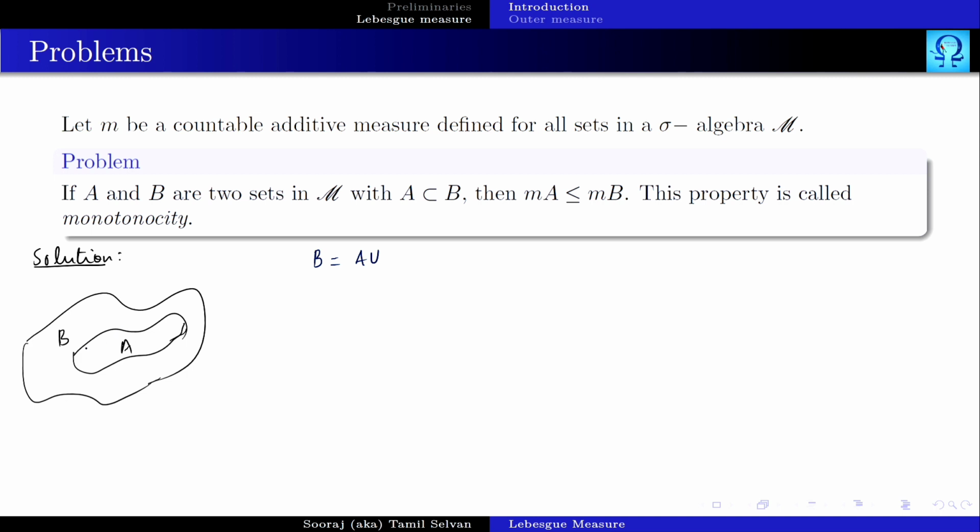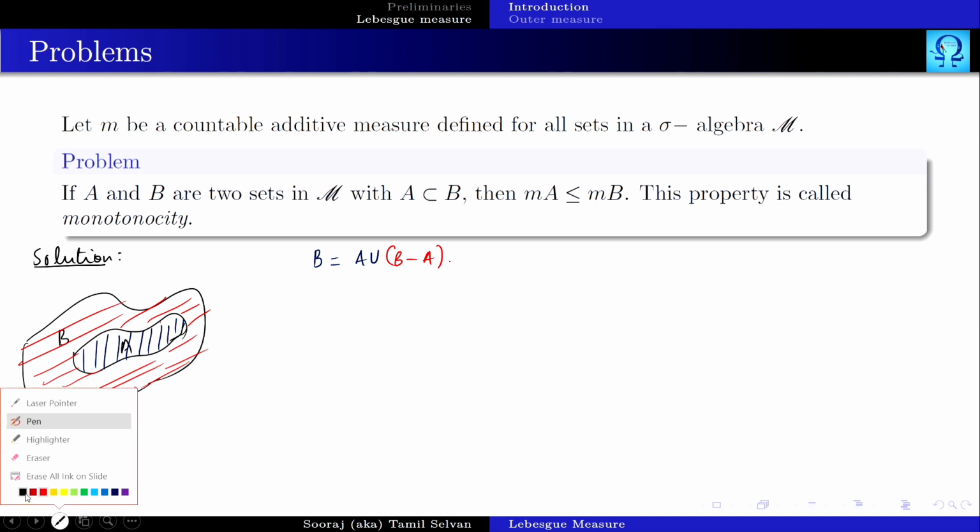I'll take this A as a separate thing, and then I must write this remaining part as one set. How am I going to do it? It is just removing the parts of A from B. So I may write this as B minus A, right?